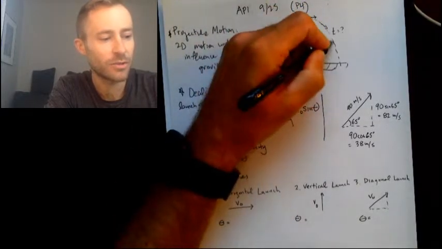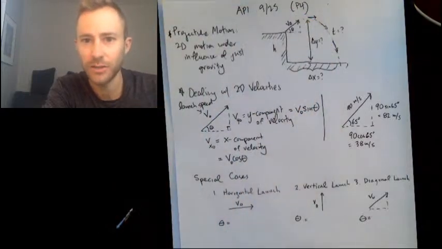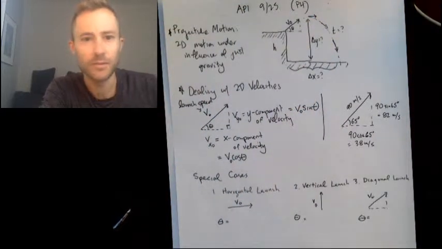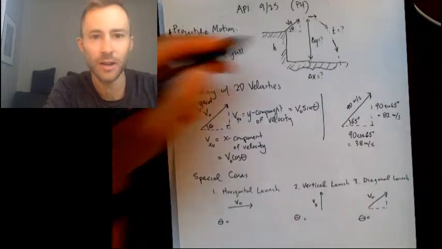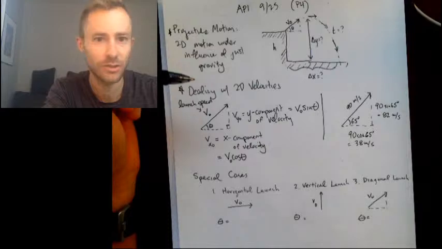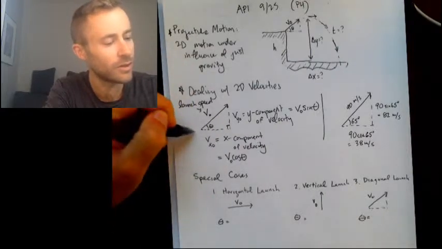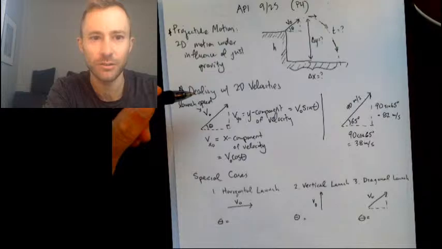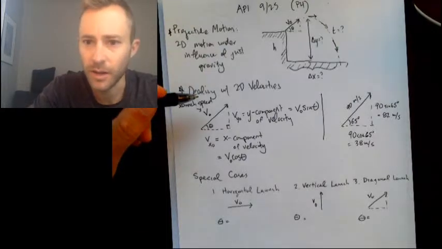The angle that the projectile is headed in changes. So the velocity is changing, the speed is changing, the angle is changing. This is only the velocity of the projectile at launch.